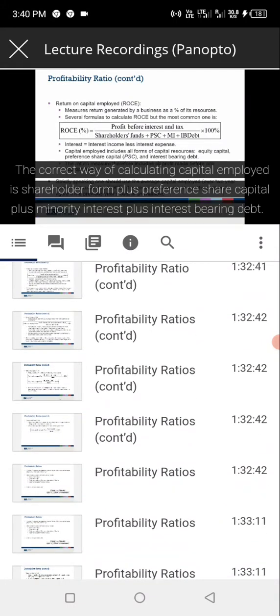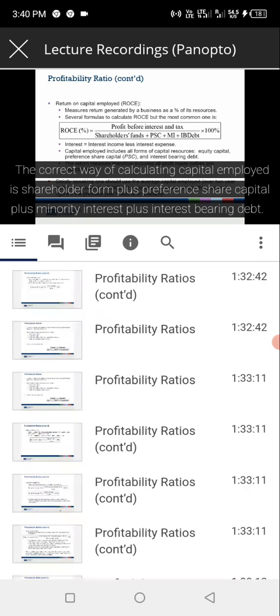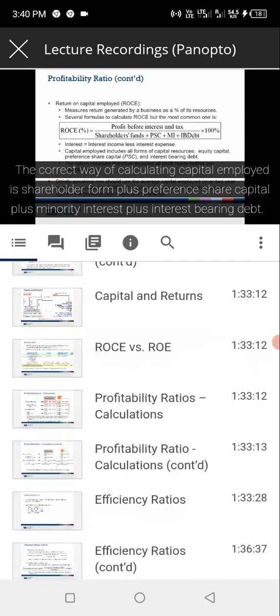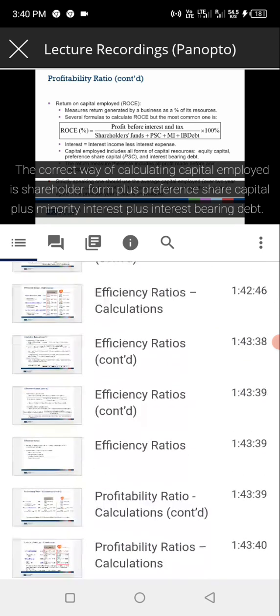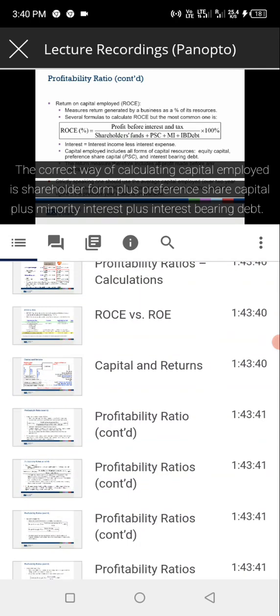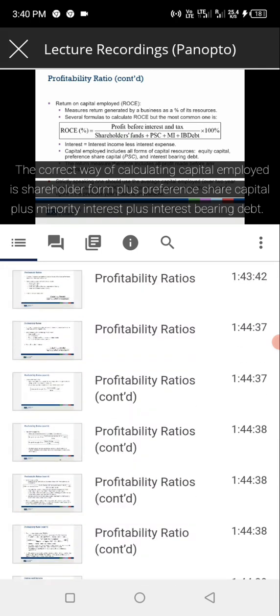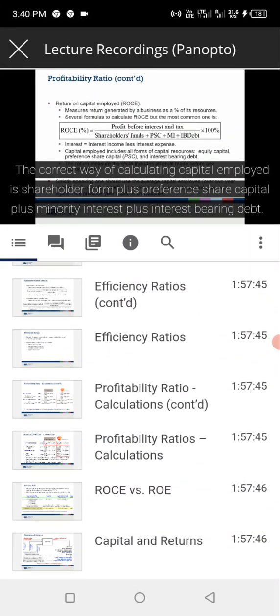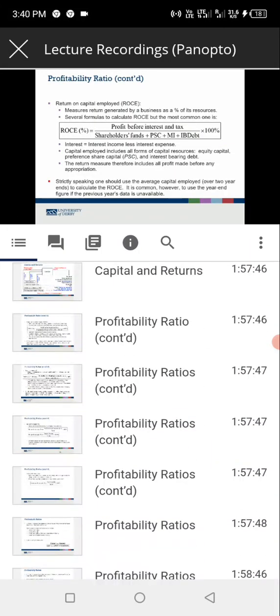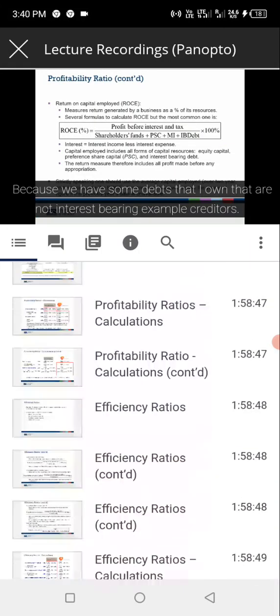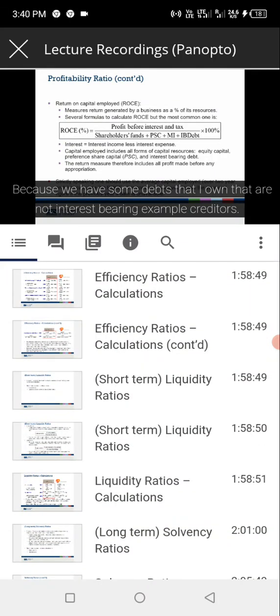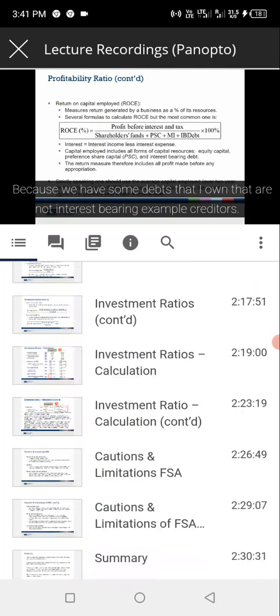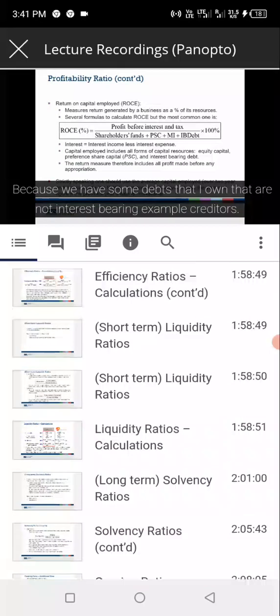The correct way of calculating capital employed is shareholders' funds plus preference share capital plus minority interest plus interest-bearing debt. Because we have some debts that are not interest-bearing, for example creditors.